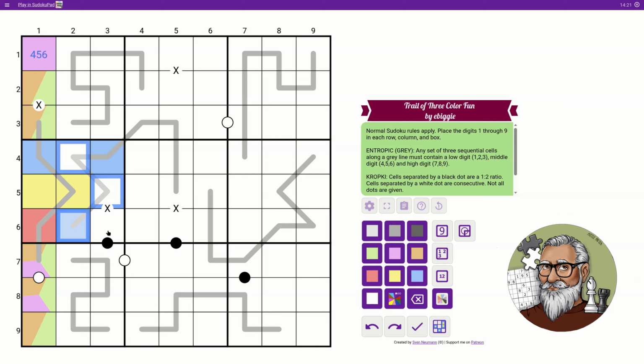So if we had yellow here, again, all of that is just not correct. Yeah, well, this is not possible. Wow, really?